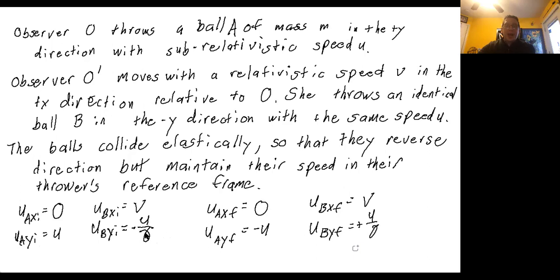So the product of gamma times the velocities is conserved. The sum of the velocities is not conserved, but the sum of gamma times the velocity is conserved.